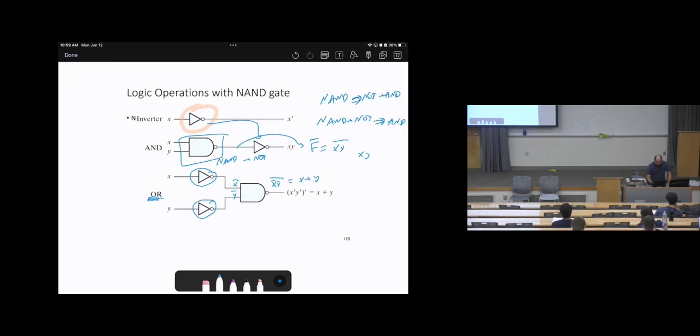Then that's how we do the implementation for AND and OR. So in other words, put NOT after the NAND to get AND. To get OR, put NOTs before, at the inputs.